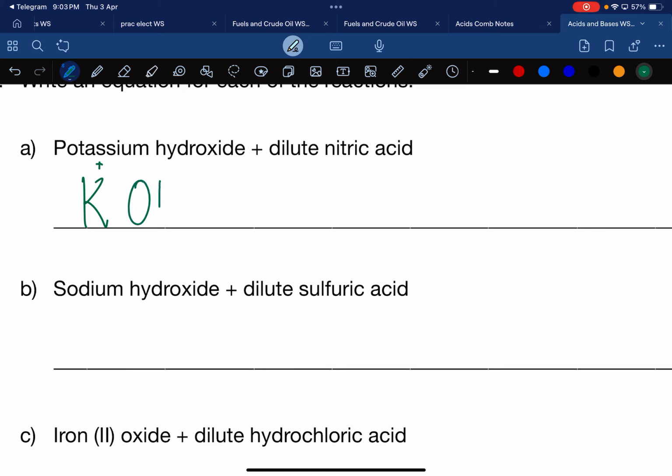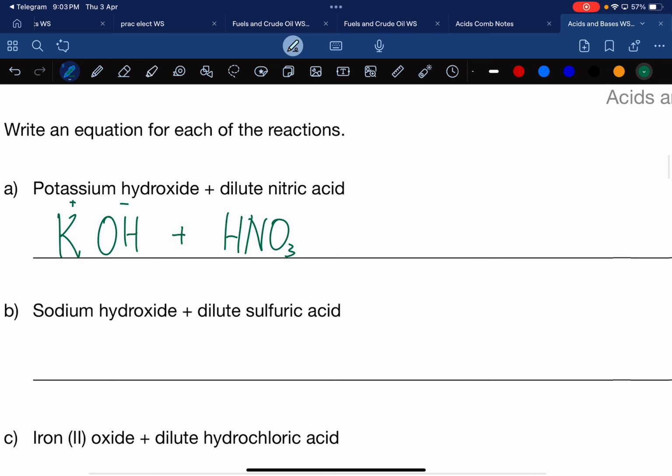Potassium plus OH 1 minus. Finish. Okay, potassium hydroxide, nitric acid. As you guys continue writing your nitric acid, HNO3, HNO3, HNO3, it will be ingrained in your head. It's not intentional. Your mind will automatically pick it up. Okay? What would I form? I will form salt and water, right? Okay? Who's your salt? Jared.